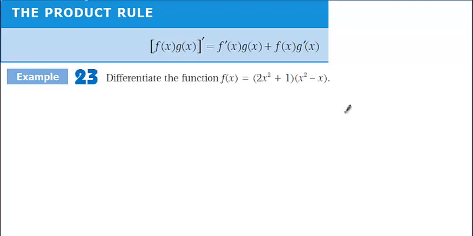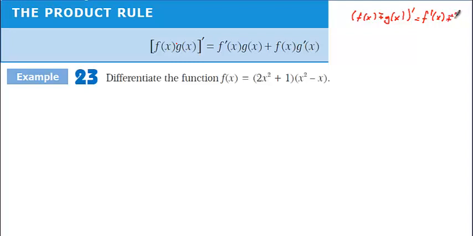In this video we are going to learn the product and quotient rule. First let me explain this part. When you add or subtract two expressions, let's say f(x) and g(x), this operation is not affecting the derivative, so you can take the derivative one by one.